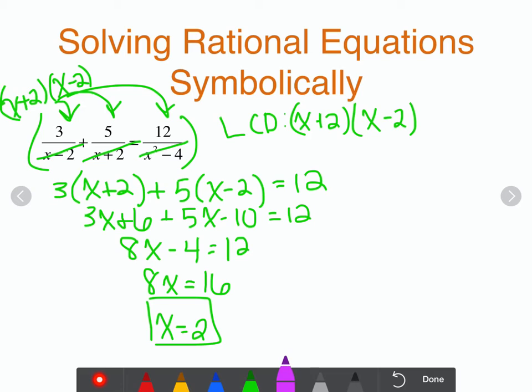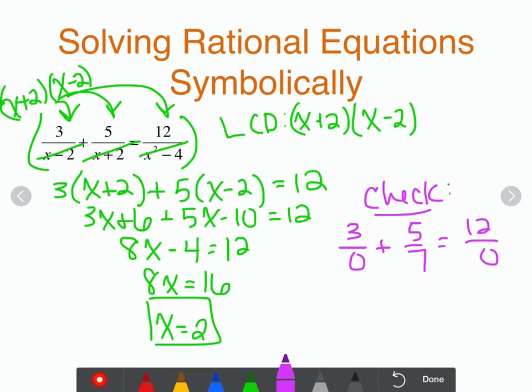Again, we want to check, making sure that all these values are in the domain. So I have 3 over 0 plus 5 over 7 equals 12 over 0. I notice here I have zeros in the denominator. We know if we have a 0 in the denominator, that value is not in the domain. So x equals 2 is not a solution, and there's no solution to this problem.